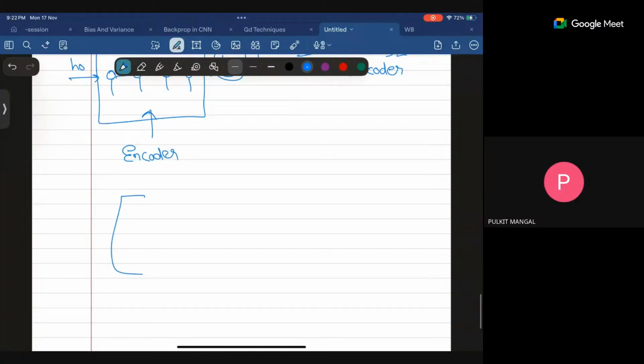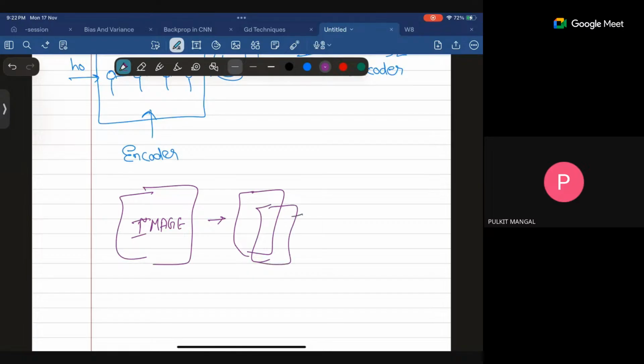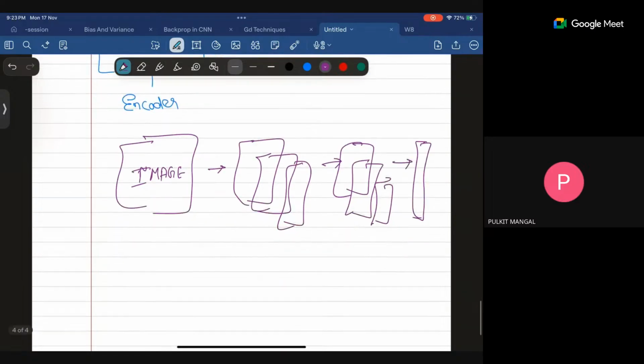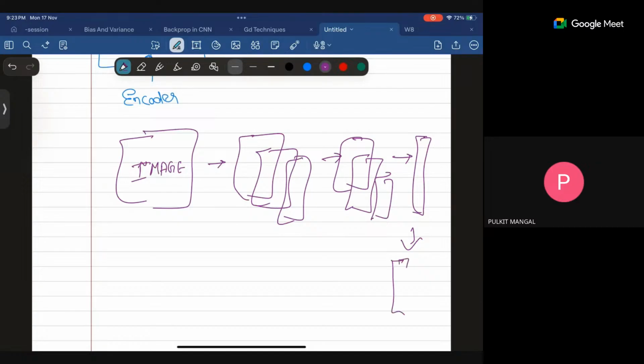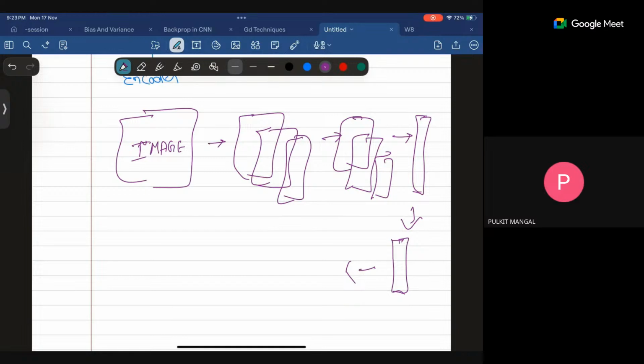For the encoder, you will have this image, which will be passed through convolution layers. You can have multiple convolution and pooling layers like this, and then you get the flattening. After flattening, you might do one more linear combination, just before the layer that you use for predicting the output.